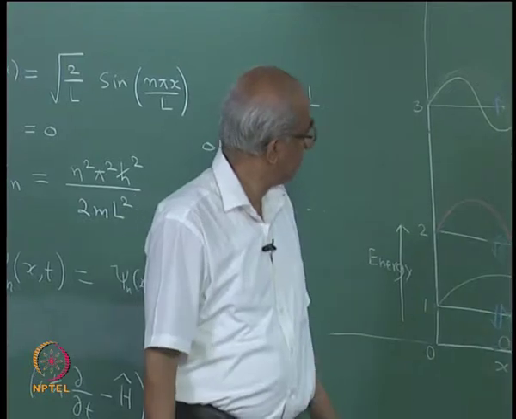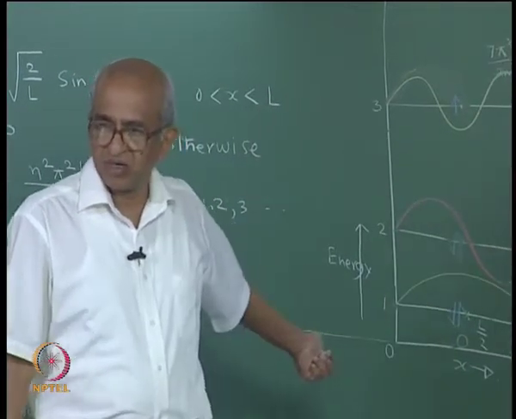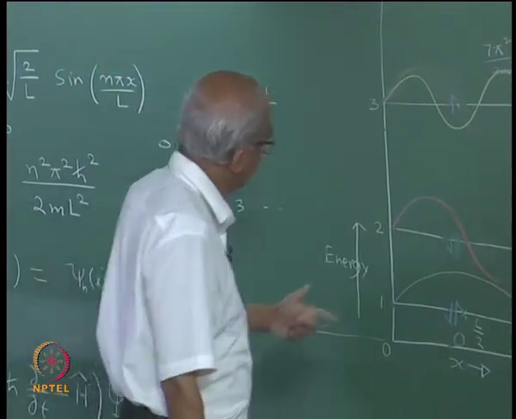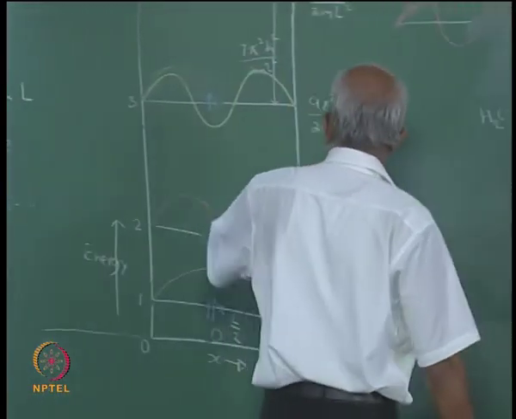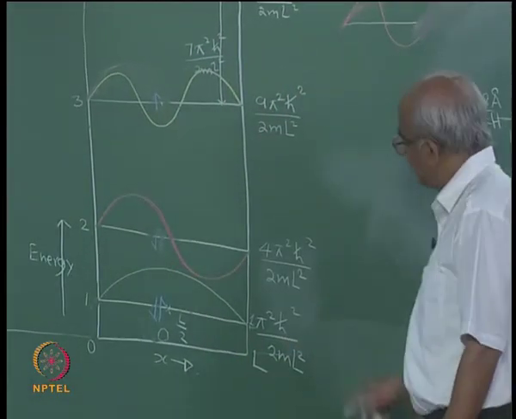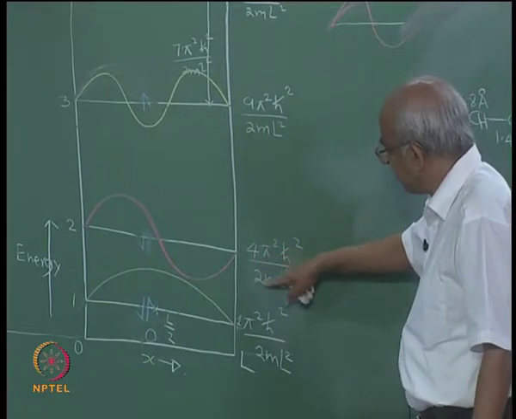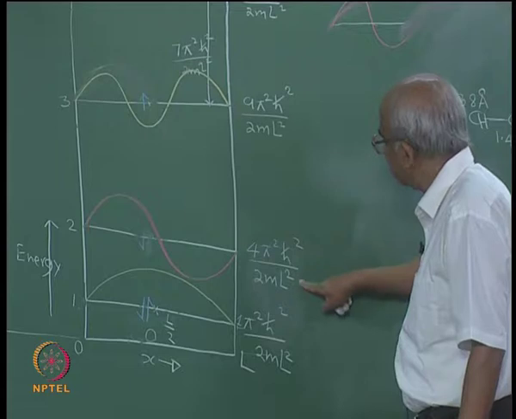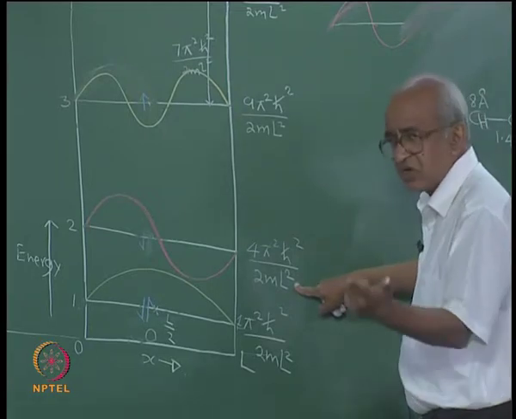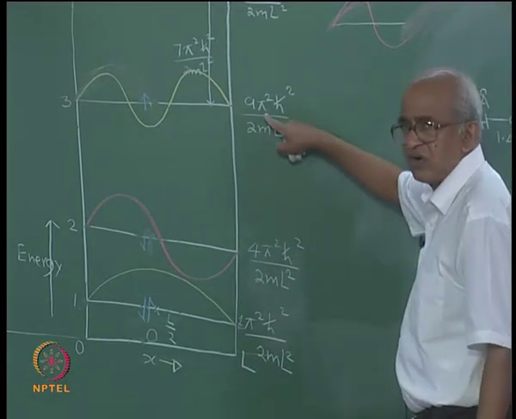So, one electron could be promoted from here to there, and you can see how much energy will be required to cause this promotion. Energy of the initial state, as far as that electron is concerned, it was having an energy which is equal to so much, and as a result of the absorption of radiation, it has gone on to that state.